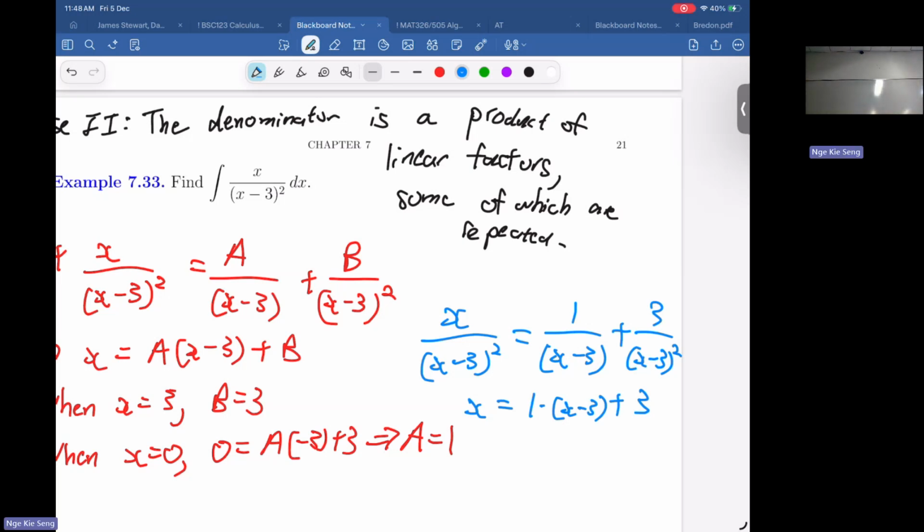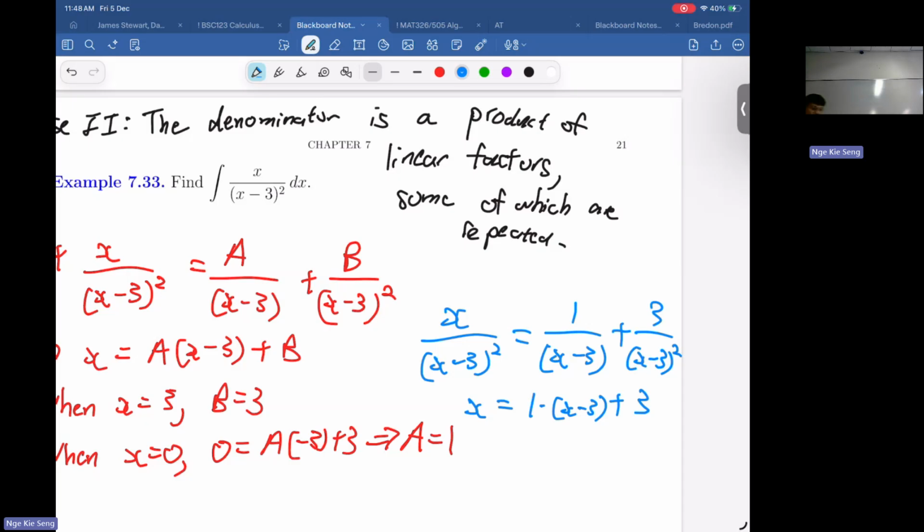Does it make sense? A lot of students forgot this B here. If you follow this method and forget B, you can still get A equals 1. You can still calculate A. But then it is not equal anymore.